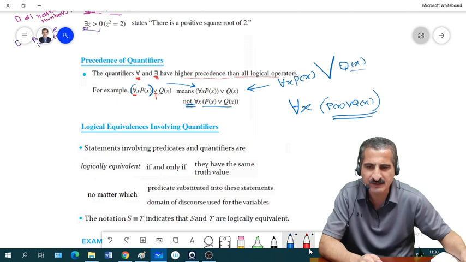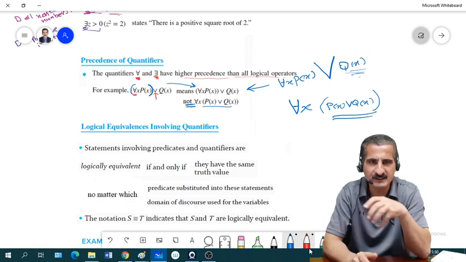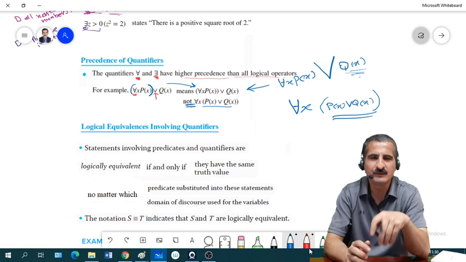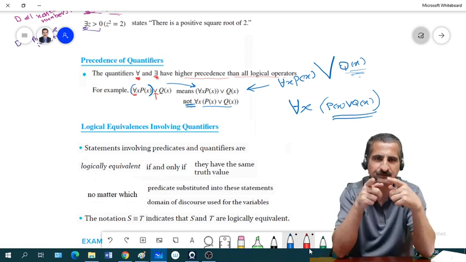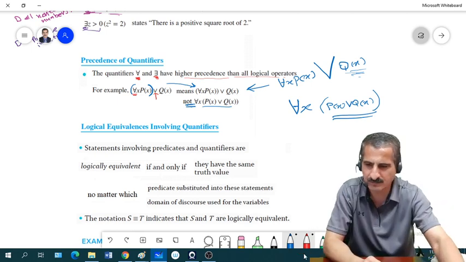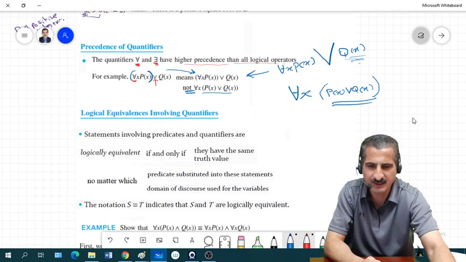There is no quantifier here. So again, when you see for every or there exists, they shall be performed before conjunction or disjunction and before the implication. Okay.